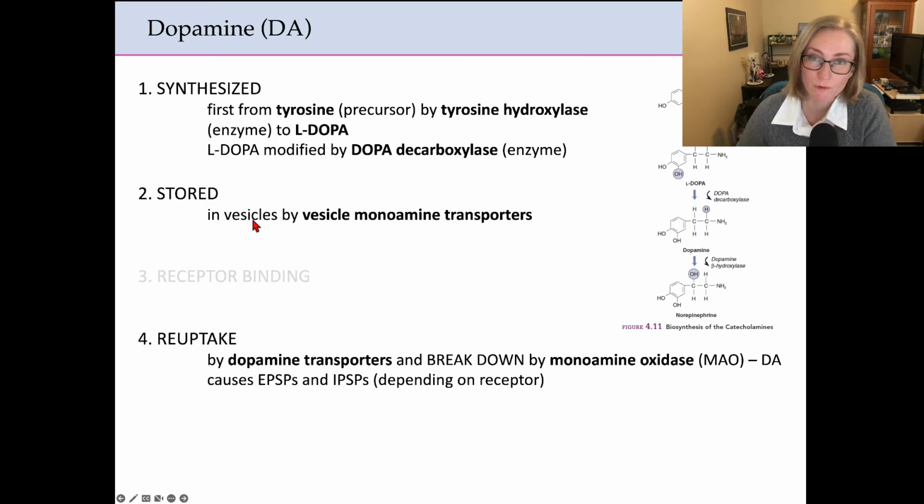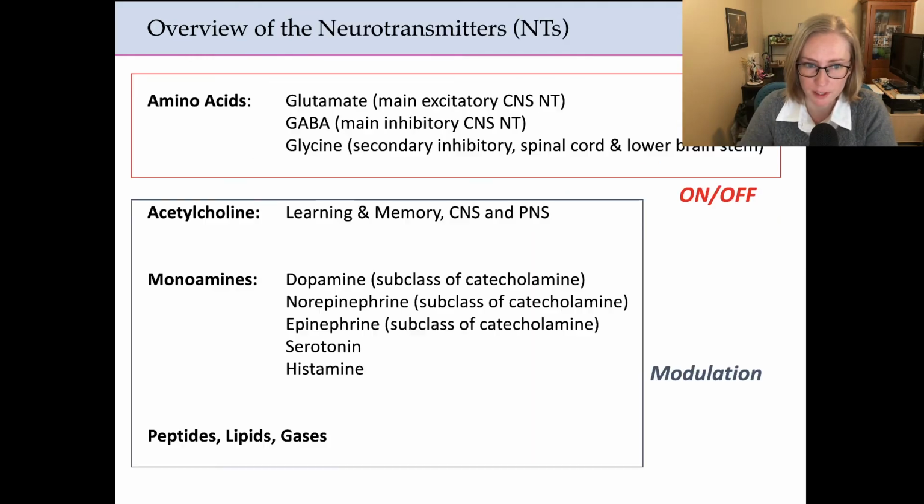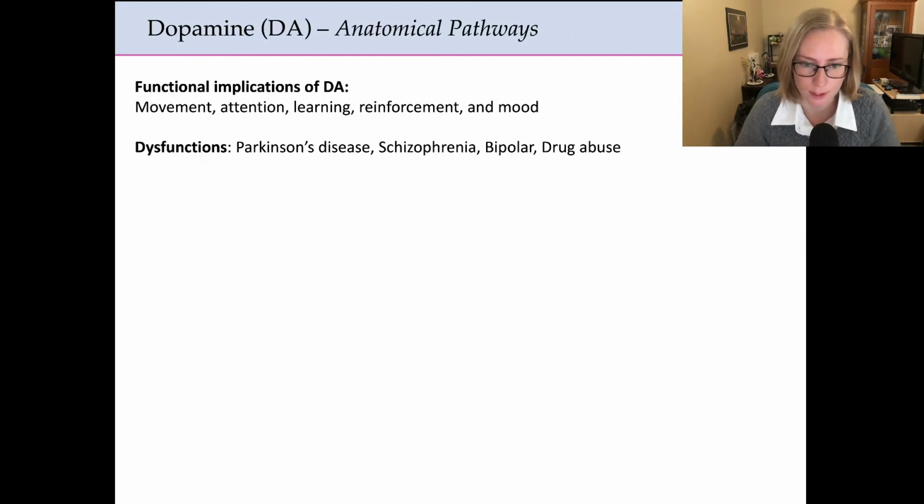Okay, when stored in vesicles, this is done by vesicle monoamine transporters. If you remember back on our list, these are all monoamines: dopamine, norepinephrine, epinephrine, serotonin, and histamine. For serotonin, we're going to see this again, that a monoamine transporter is responsible for packaging it into the vesicle.